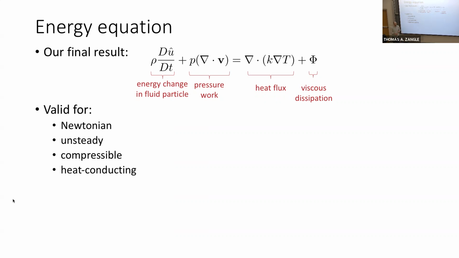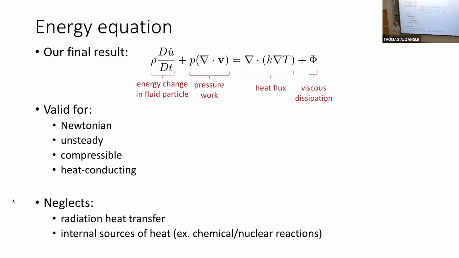We have a temperature profile. It neglects radiation heat transfer, which can sometimes be important in high temperature fluids. We neglect any internal sources of heat, so if we have some chemical reaction occurring, that would add another term. But this is a fairly general form of the balance equation.